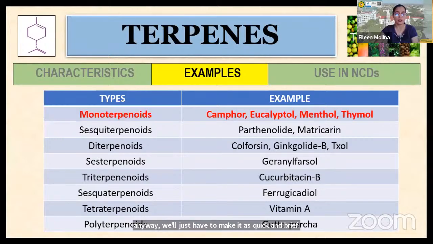For the types of monoterpenoids that I had prepared for the discussion, examples of which are camphor, eucalyptol, menthol, and thymol, I think we are all quite familiar, and we would usually encounter these types of monoterpenoids or terpenes in our pharmaceutical preparations, and also in some galenicals. Okay, so we go to the camphor.